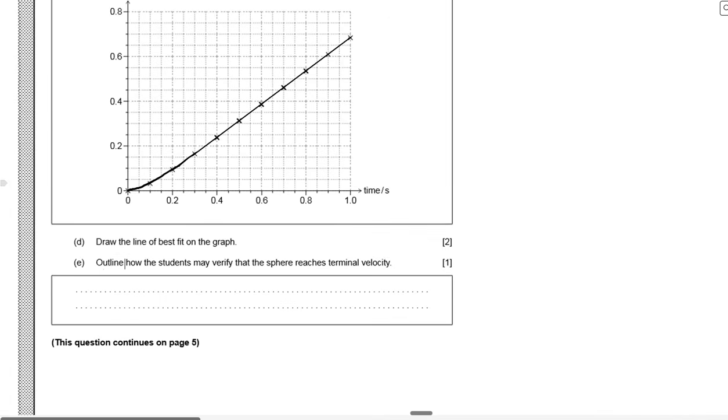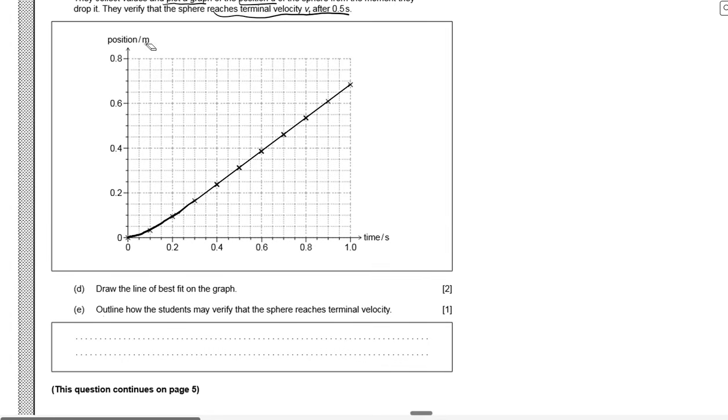And so outline how the students may verify that the sphere reaches terminal velocity. Okay, and when we have a straight line, that means our position divided by our time, that's our gradient, is equal to a constant. And what is this? This is just our velocity.